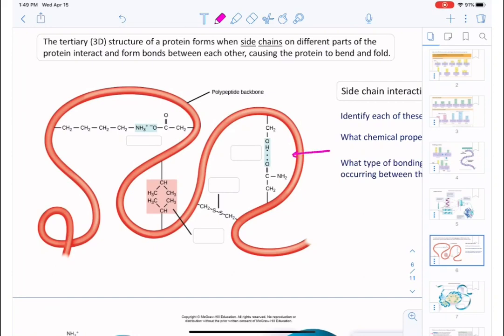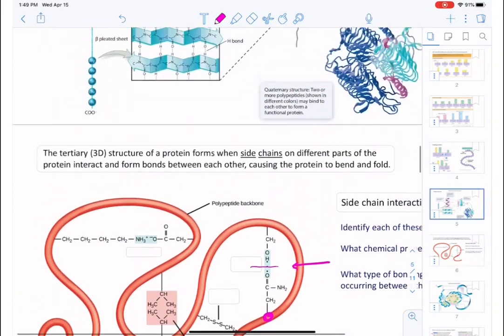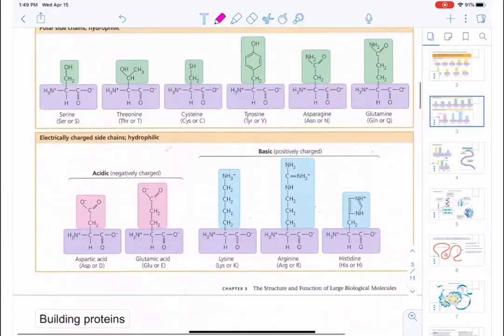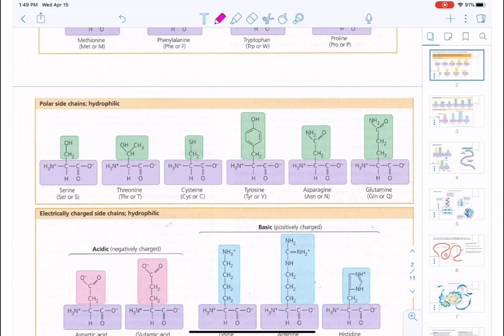Next, let's move on to this interaction right there. And let's start by finding that amino acid right there. What's that amino acid? That is asparagine, ASN, and that is a polar side chain.